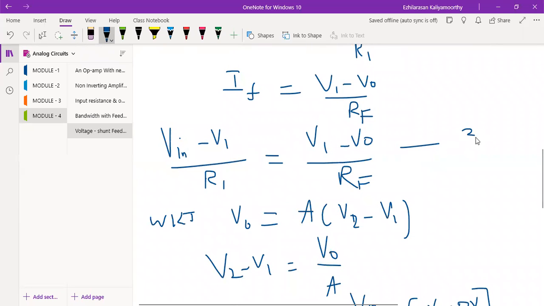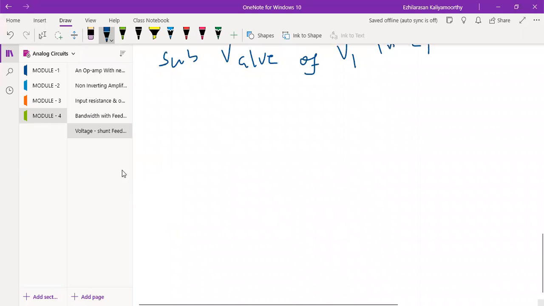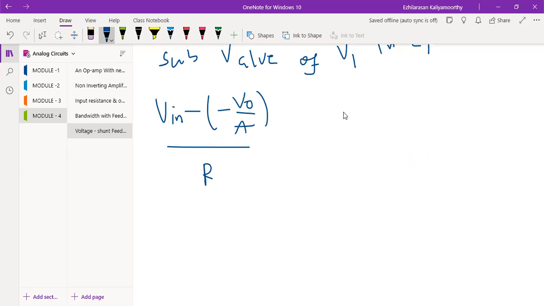So substituting that, we'll get Vin minus V0 by A, divided by R1, is equal to minus V0 by A minus V0 divided by RF. This is equation number 4.